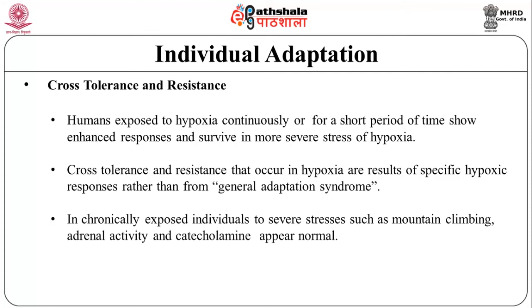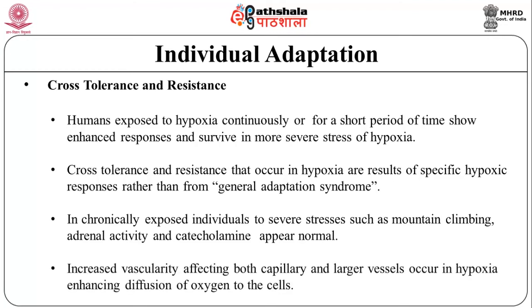In chronically exposed individuals or under severe stresses such as mountain climbing, adrenal activity and catecholamines appear normal. Increased vascularity affecting both capillaries and large vessels occurs in hypoxia, enhancing diffusion of oxygen to the cells.